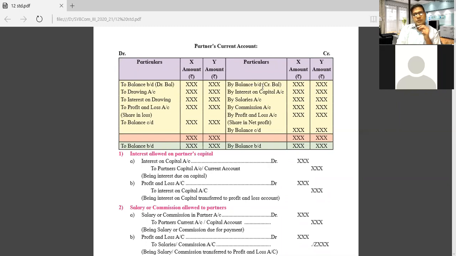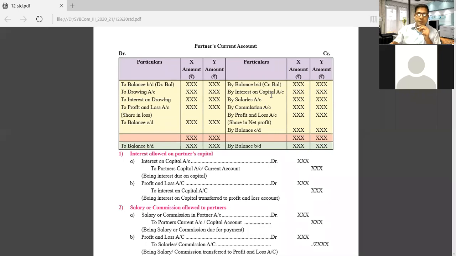Whatever amount is received from the partnership firm is recorded on the credit side. Whatever expenses are incurred by the partner are recorded on the debit side. Interest on capital is received, salary is received, commission is received, profit is received.